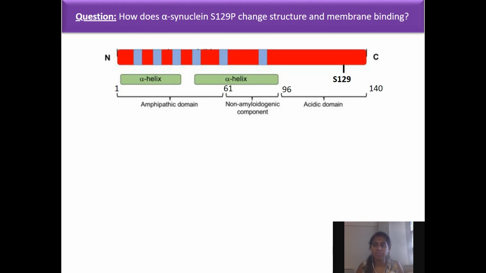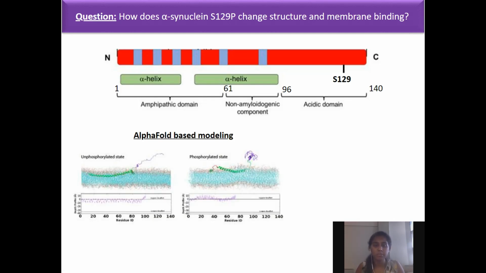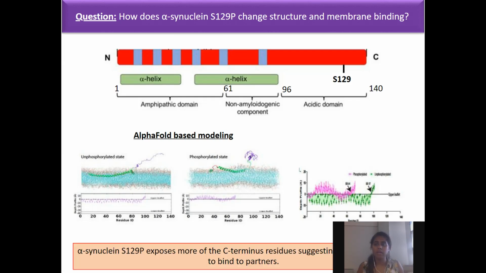So to predict the effects of alpha-synuclein 129 phosphorylation on structure and membrane binding, we used AlphaFold based modeling. For this, we compared the unphosphorylated state of alpha-synuclein with the phosphorylated state, and we saw that in the case of phosphorylated alpha-synuclein, more of the C-terminal residues are available for interaction, whereas in the case of unphosphorylated, up to residue 97, more of the C-terminus is buried inside the membrane.